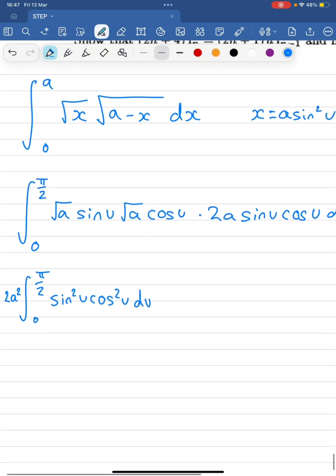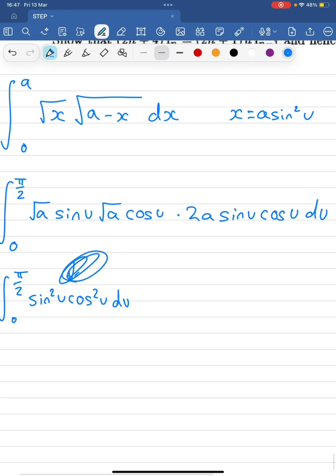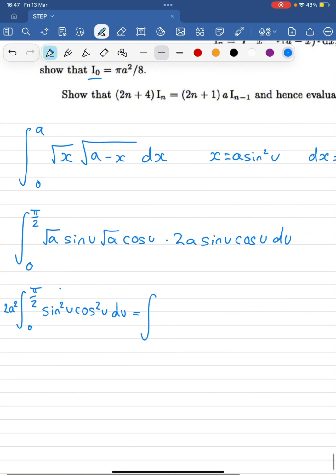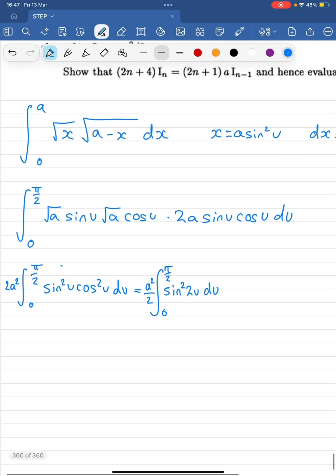And then I can factor out a quarter, because I can just make this sine 2u. So that would be a squared over 2 sine squared 2u du between pi over 2 and 0.